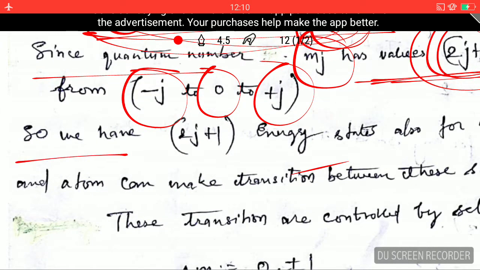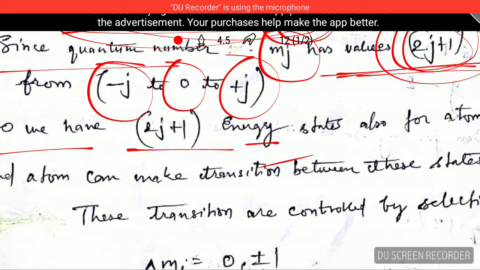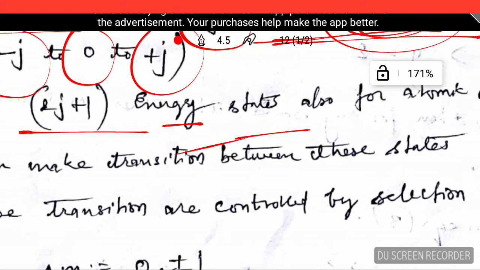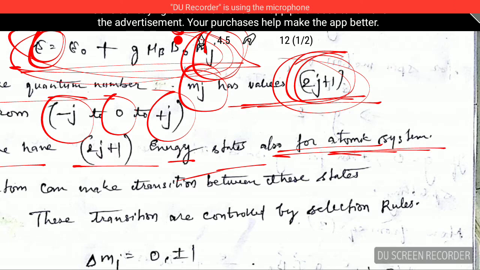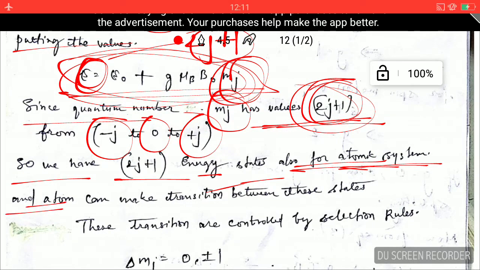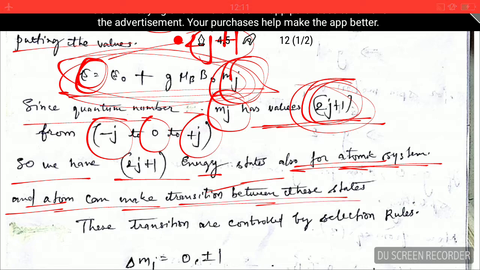So we have 2j plus 1 energy states for the atomic system, and the atom can make transitions between these states.